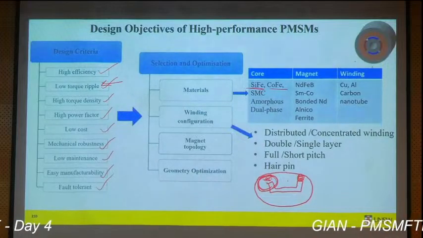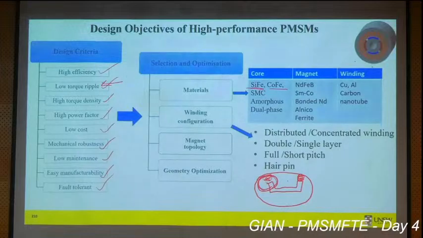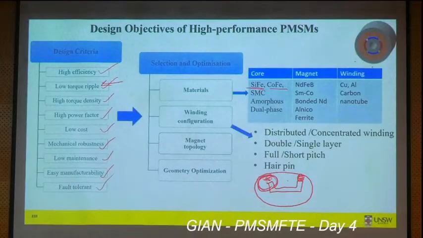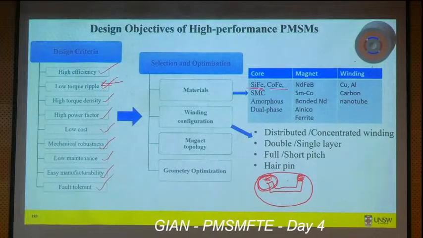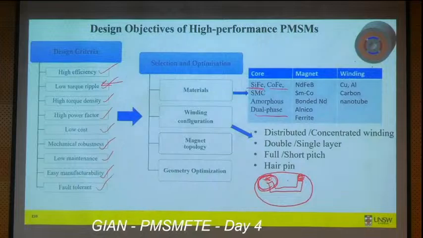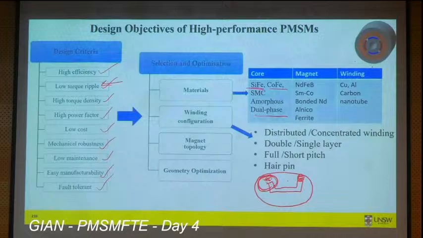Okay, so especially in IPMSM, we are not going to waste your magnet flux there by making it saturated. And dual phase material would also be very useful for synchronous reluctance.